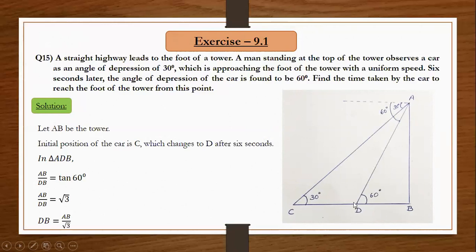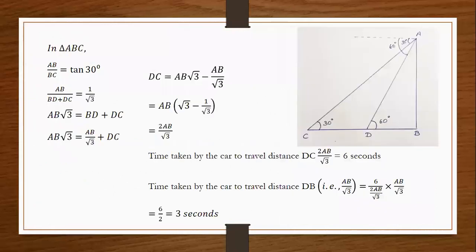So now in triangle ADB, AB by DB is tan 60 degrees. When we substitute, we get DB to be AB by root 3. We do not have any value, so we'll leave it as such. In triangle ABC, tan 30 degrees is AB by BC.